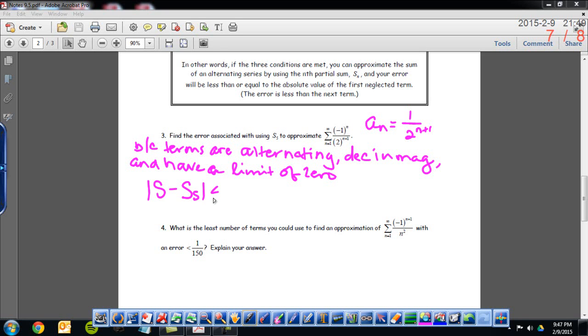So if we use the first 5 terms to make our approximation, then the first neglected term is that 6th term. So it's going to be less than a sub 6.